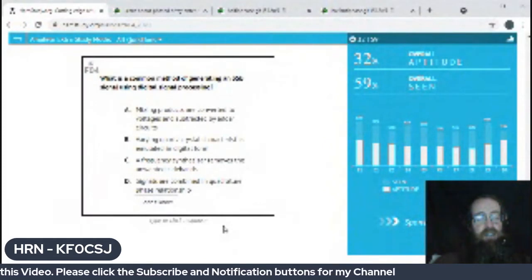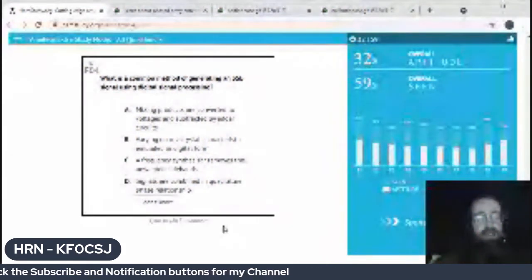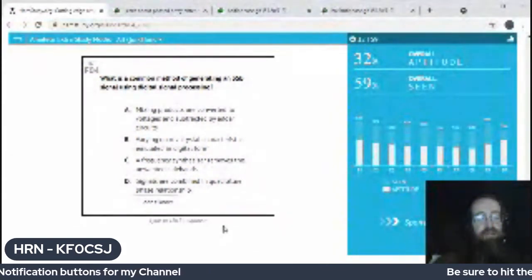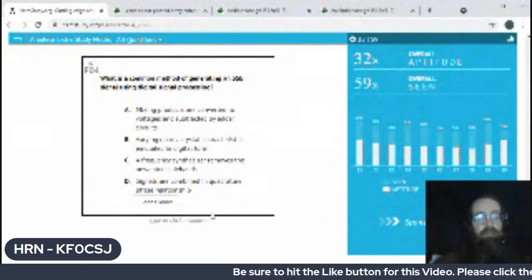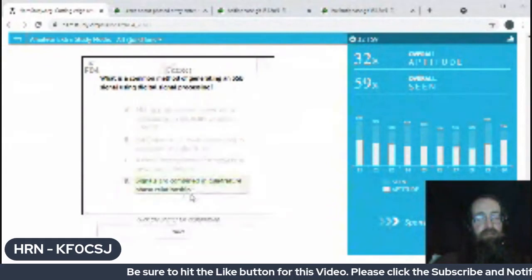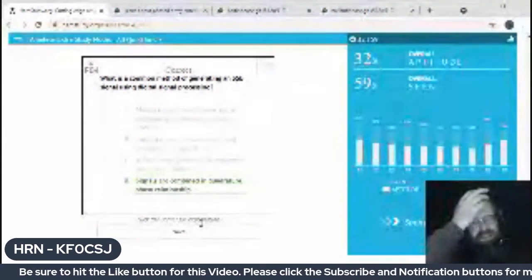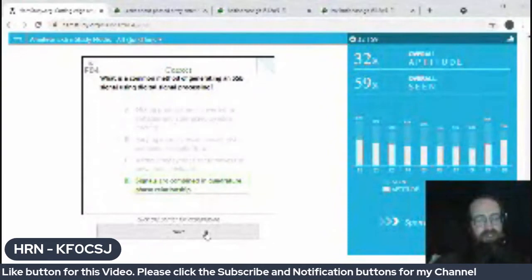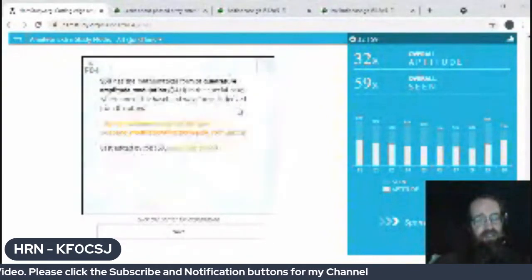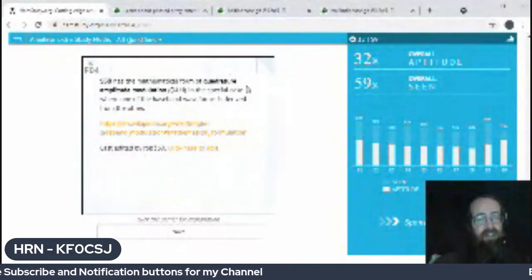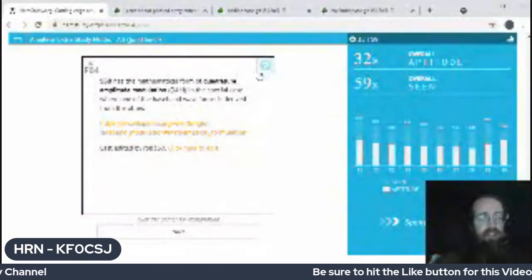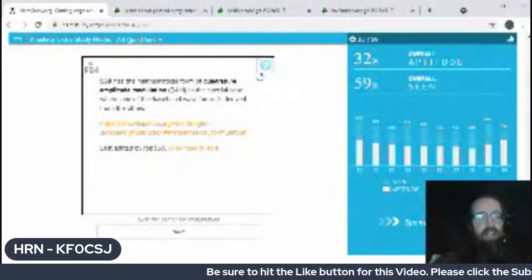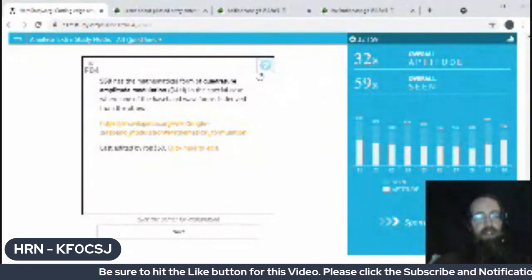D, signals are combined by a quadrature phase relationship. I'm going to guess D. Okay. SSB is the mathematical form of quadrature amplitude modulation.